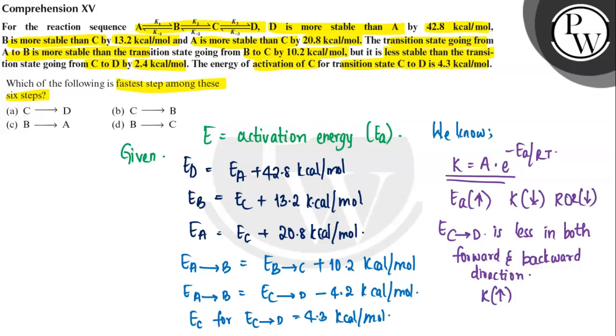K की वैल्यू ज़्यादा होगी. तो this will be considered to be the fastest step in both the directions, that is both forward and backward.